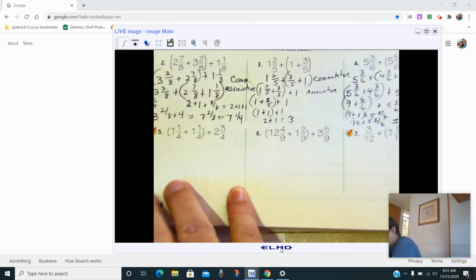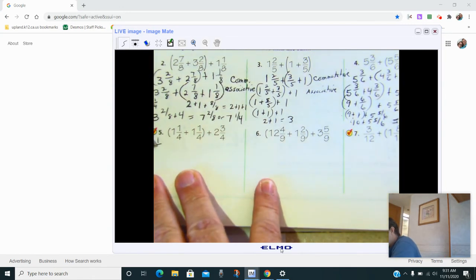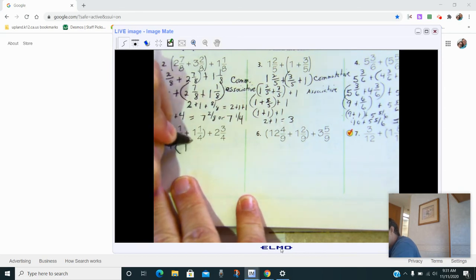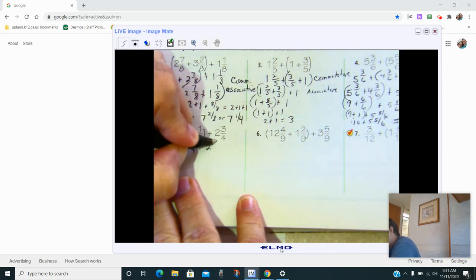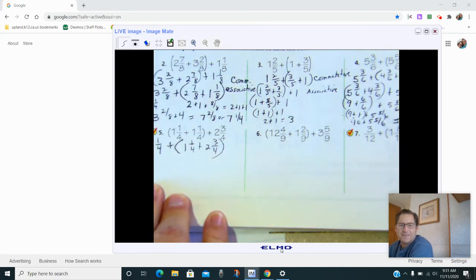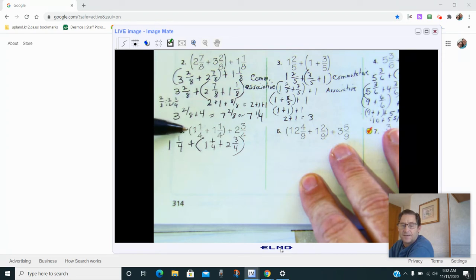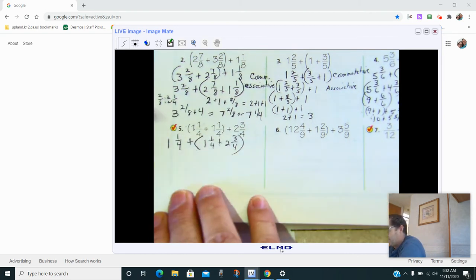So let's just change how they're grouped. I didn't need to change the order of them, because the addends are the same. But I want 1 and 1/4 to be added to the 3/4. So I'm going to group them differently.